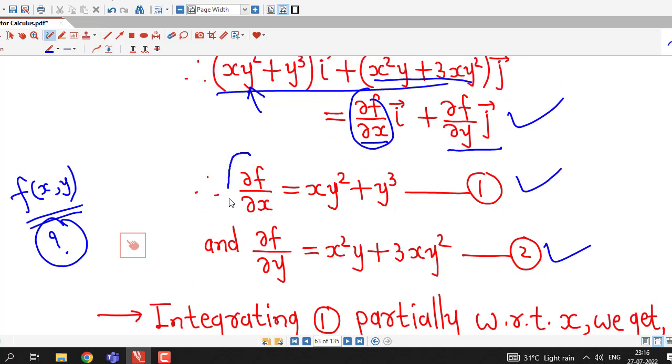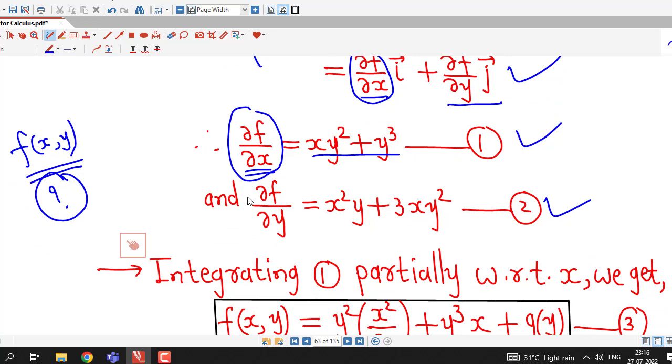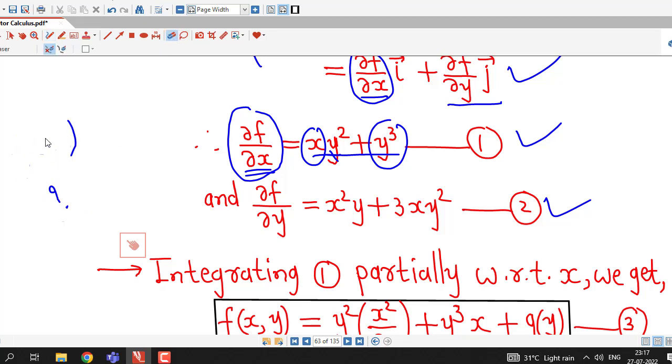To obtain the potential function from equation 1, we integrate both sides partially with respect to x. The integral of ∂f/∂x with respect to x is f(x, y), and here y² is constant. The integral of x is x²/2, plus y³ is constant, and the integral of 1 with respect to x is x.